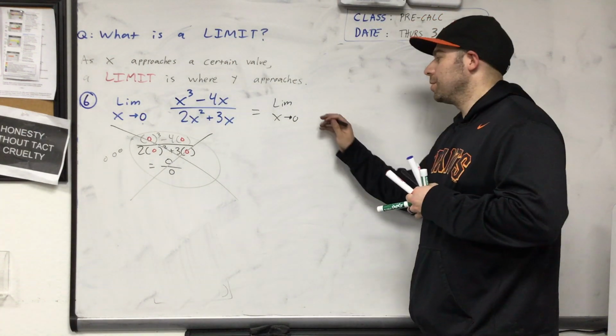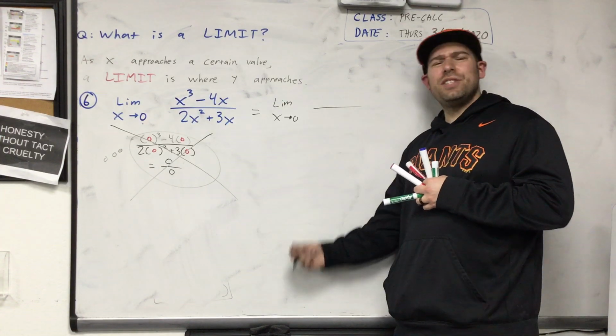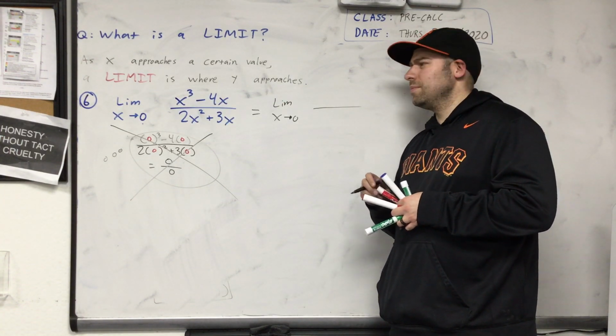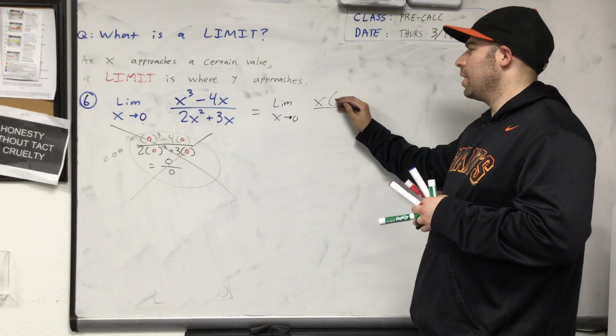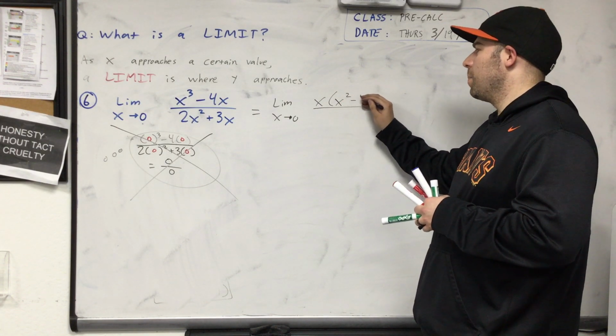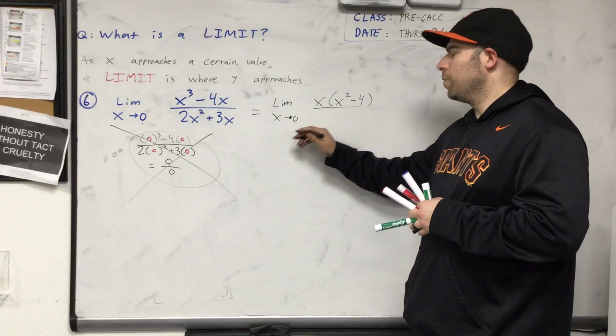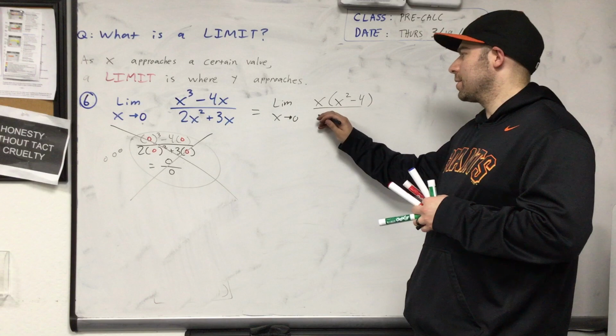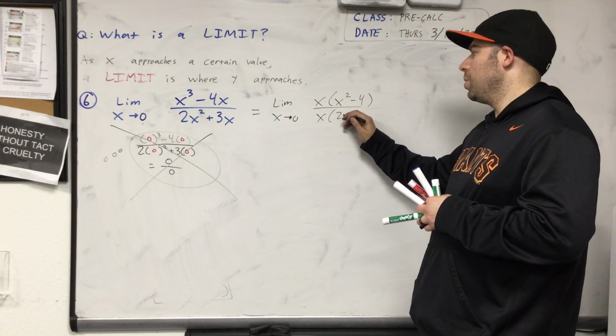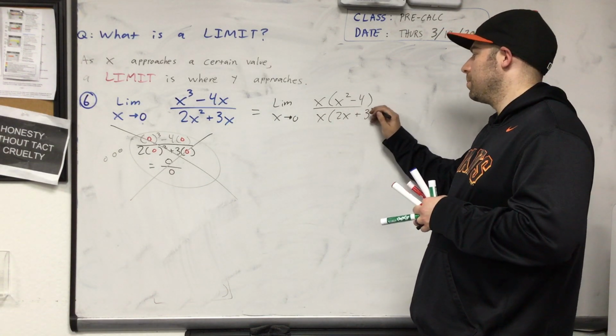So let's factor the top. Do we have a GCF? Yeah, x. So that'd be x times x squared minus 4 over, do we have a GCF? Yeah, just an x. 2x plus 3.